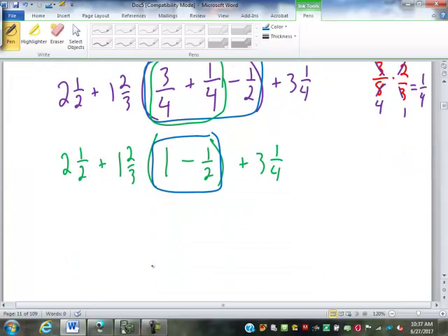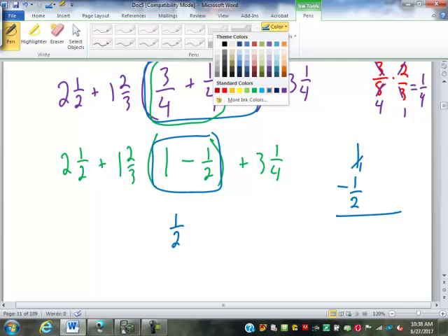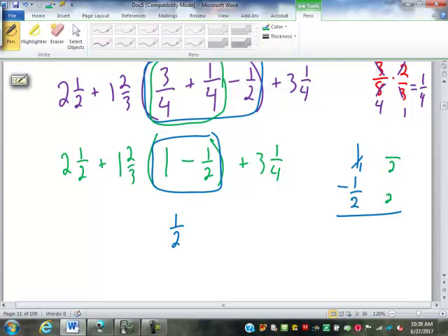We have 1 minus 1/2, which is 1/2. Again, if we were doing that out the long way, we would have to make this 1 over 1. Common denominator is going to be 2, so that stays 1/2. 1 times 2 makes 2, so 2 over 2 minus 1 over 2 is 1 over 2. Now, I have a single number inside the parentheses, so I can get rid of the parentheses, but I do have to remember to put multiplication in up there.